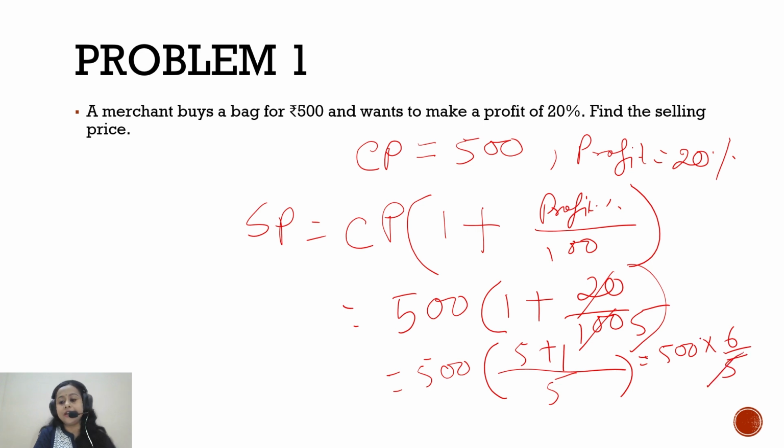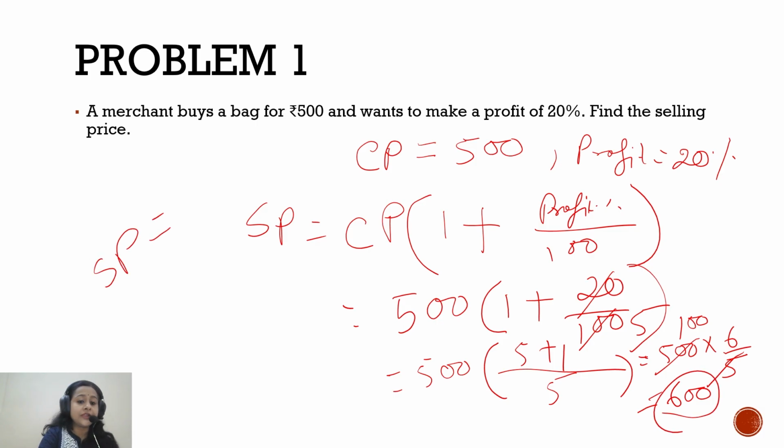If we divide 500 by 5, we will get 100. So the selling price will be 600. Okay, so that's how we can find the selling price. Our selling price will be 600, right?